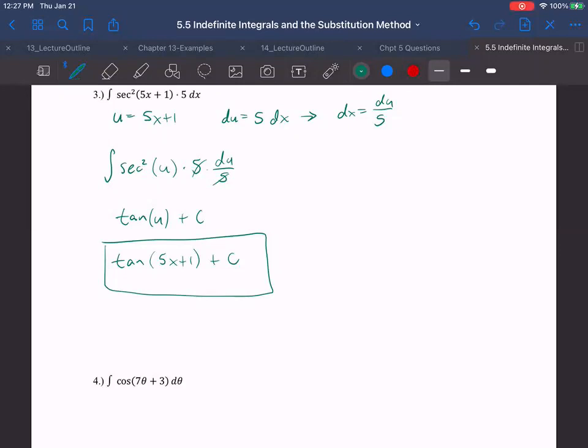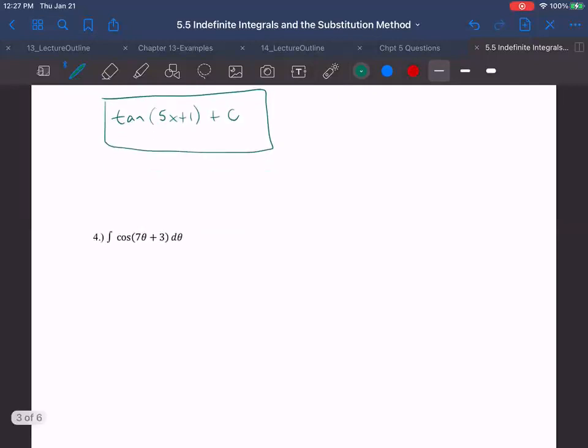You ready? What substitution do we do? Good. 7 theta plus 3. U equals 7 theta plus 3. Therefore, du equals 7 d theta. And d theta is du over 7.